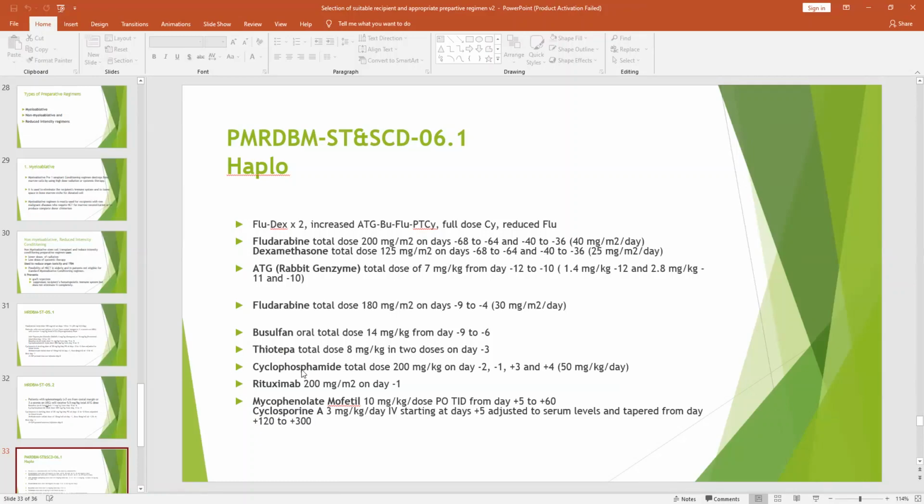While the protocol of using cyclophosphamide is a little different, cyclophosphamide we are using on day minus 2 to day minus 1, and then post BMT day plus 3 and day plus 4, 50 mg per kg per day.